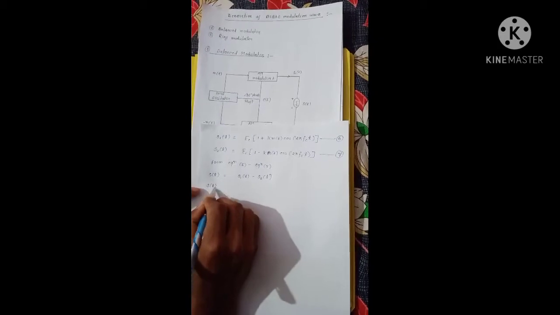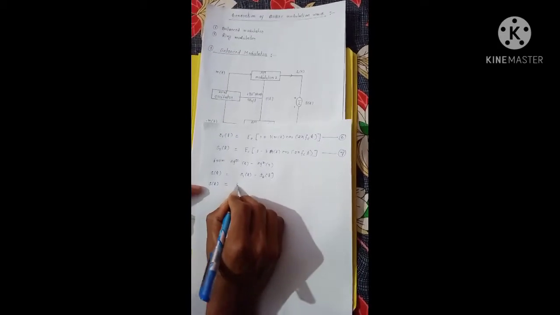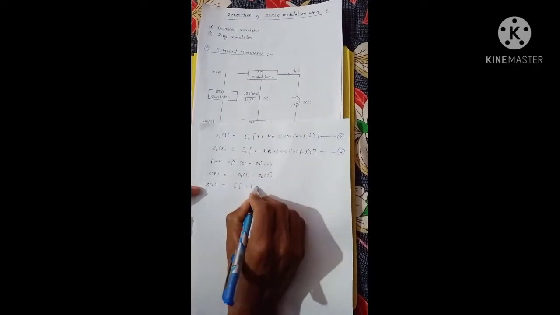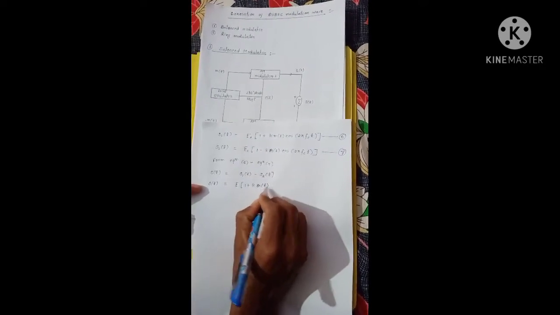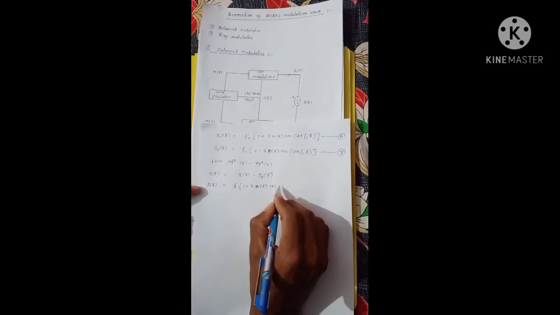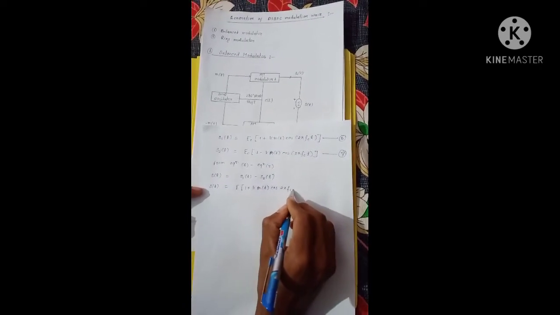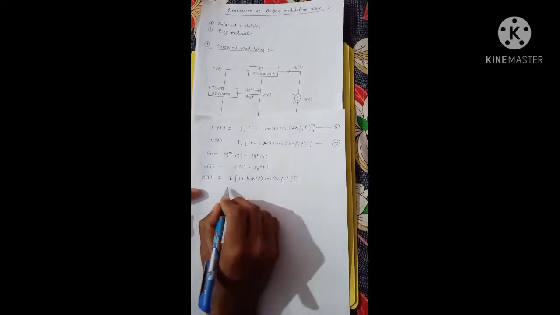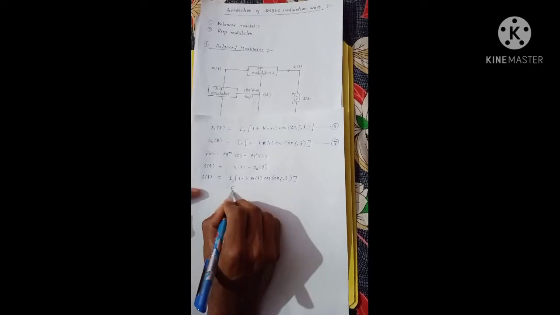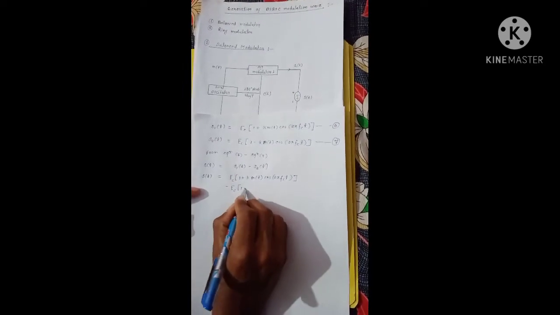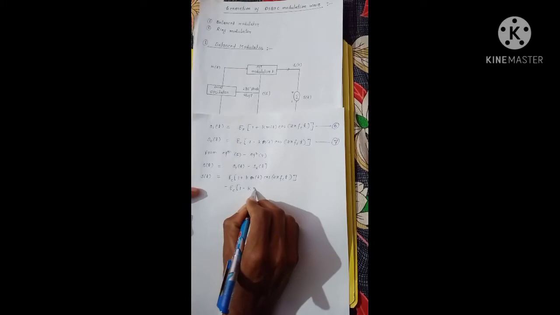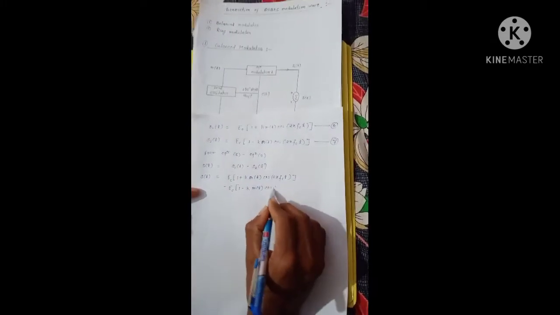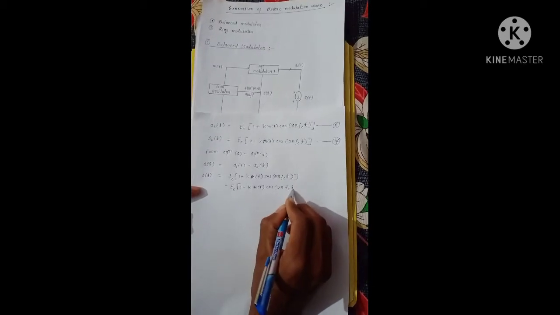So now S(t) is equal to EC into 1 plus K m(t) into cos 2 pi fc t minus EC into 1 minus K m(t) cos 2 pi fc t.